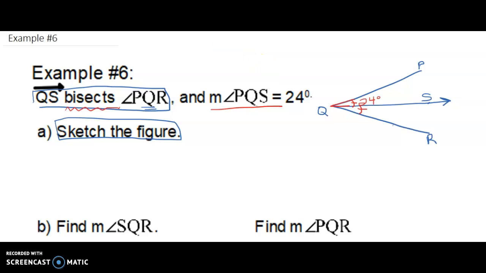Well, SQR is this angle right here. Well, angle SQR is congruent to this angle, therefore it is 24 degrees. Okay, so the second part of part B says find the measure of PQR, which is this big angle. Well, guys, that's just the two smaller angles put together. So this is 48 degrees.